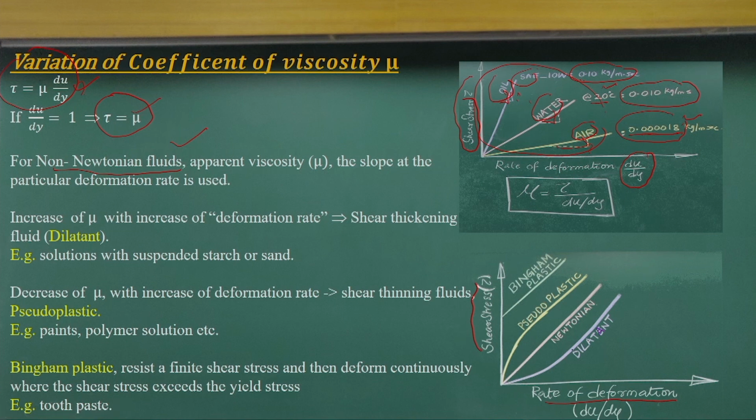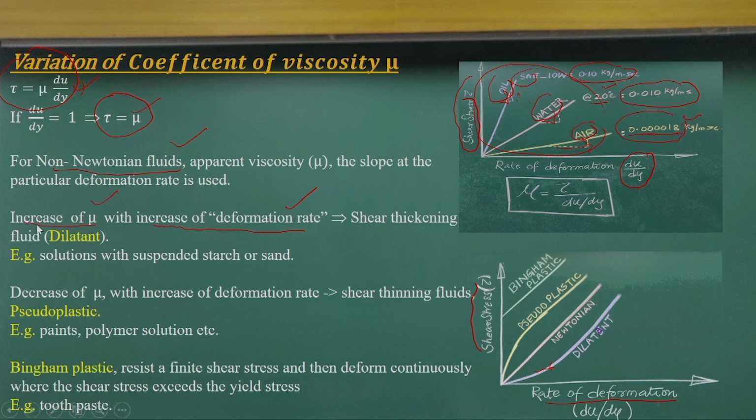But there are different types of fluids, like the pseudoplastic and the dilatant. In the case of the dilatant, if you look at the slope of the curve, it increases with the rate of deformation.